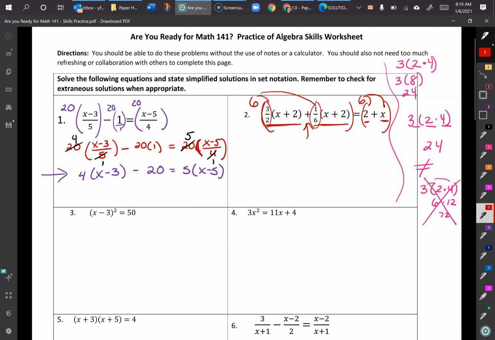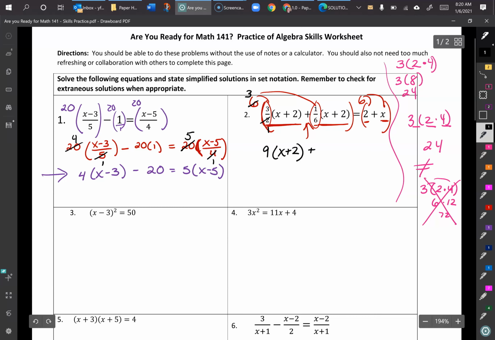So when you do that, you should end up with, this will become a 3. So you're going to end up with a 9x plus, well, I'm just going to rewrite the whole thing first. So this will end up being a 9 times x plus 2.